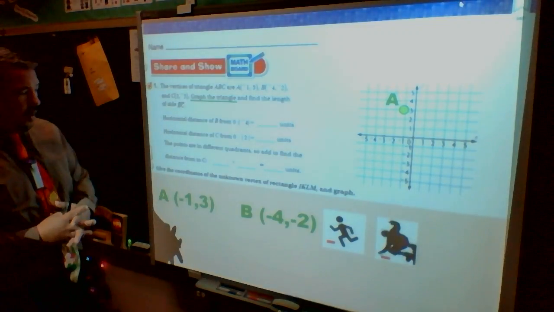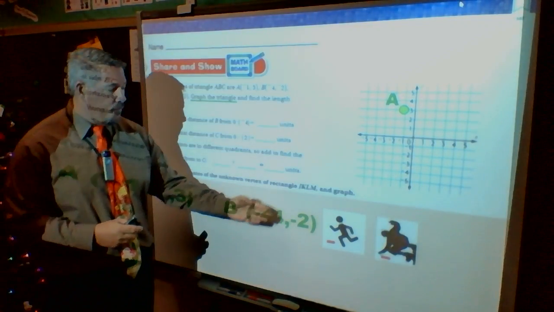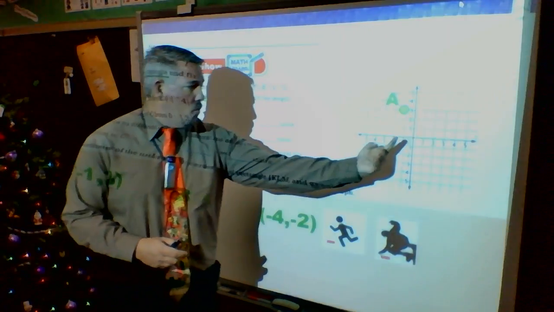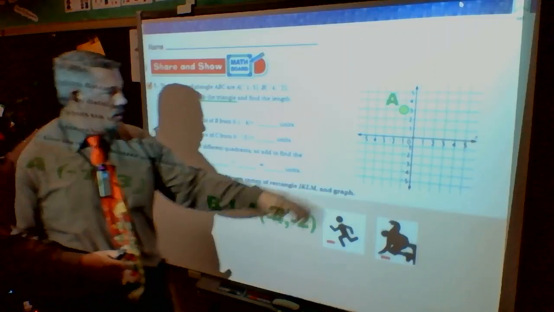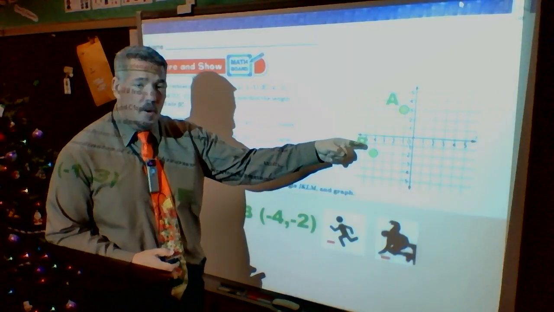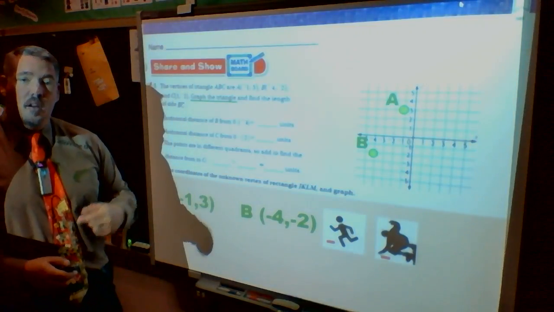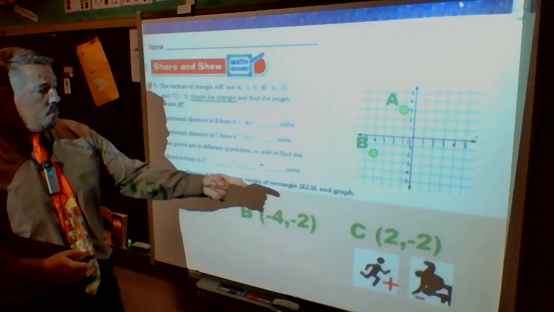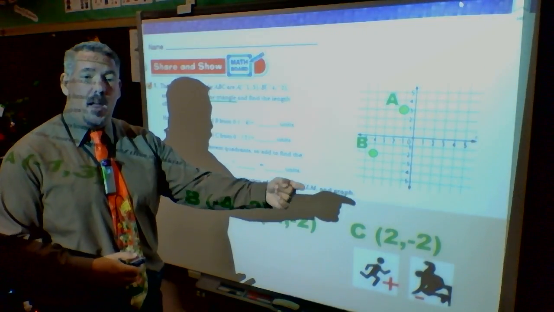So now I go to B. B tells me it's a -4, -2, so that's quadrant 3 because it's negative. So I know I'm going to run backwards 4, and then I'm going to jump down 2. When I plot it, I put my point and I label it B. And now it's a triangle, so I have 3. I need to plot 1 more. My C is a +2, -2.